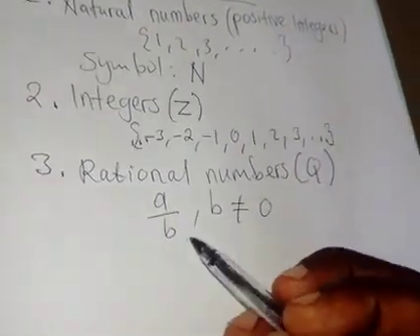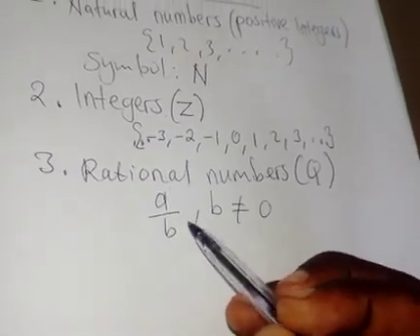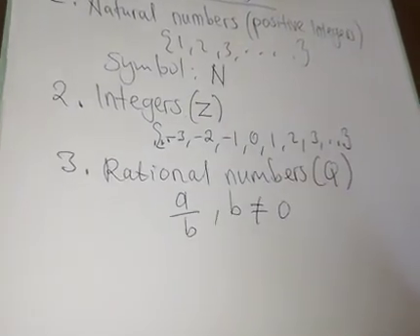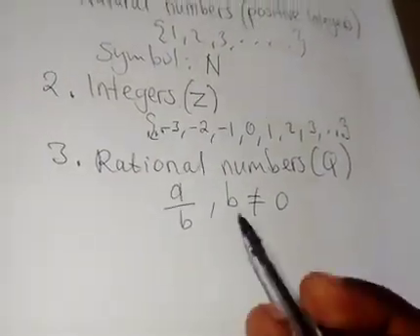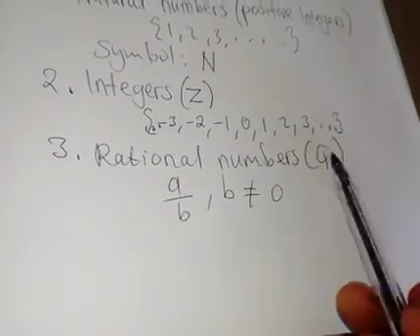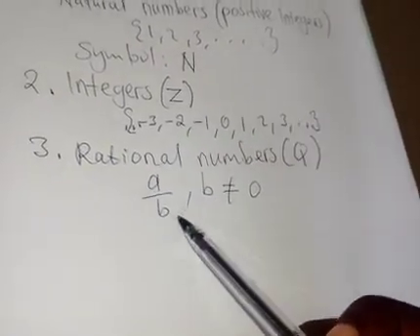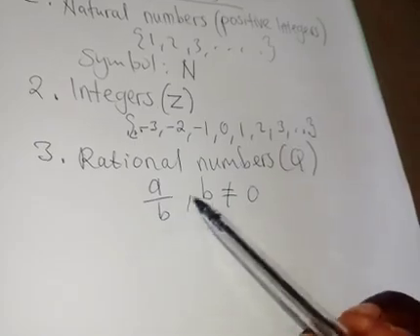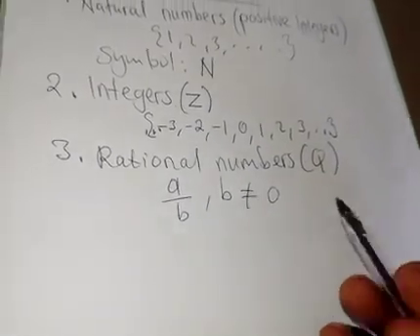Otherwise, if the denominator B were equal to 0, the fraction would be undefined.